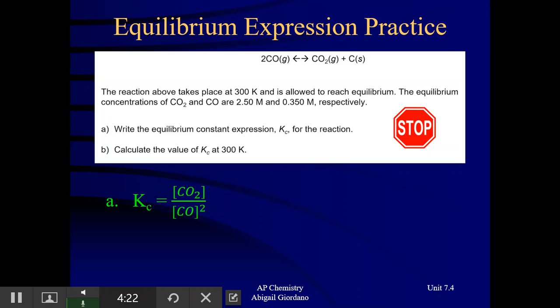In letter B, we are asked to calculate a value for Kc. We're going to plug in those molarities that we were given, and we get the number 20.4. Equilibrium constants are typically expressed with no units. So that's always nice. That's one less thing you have to remember.